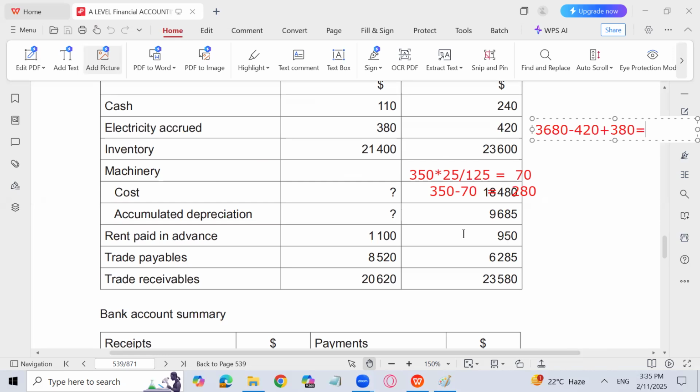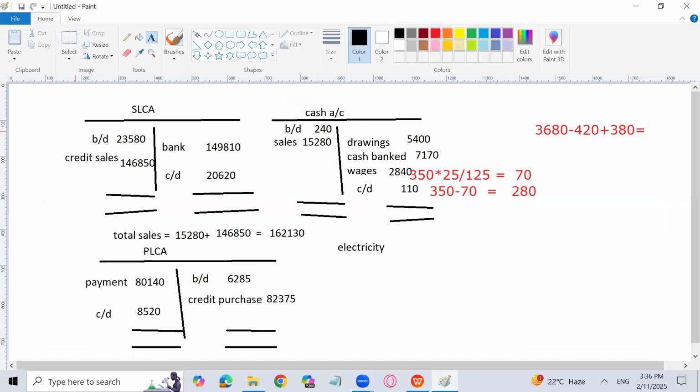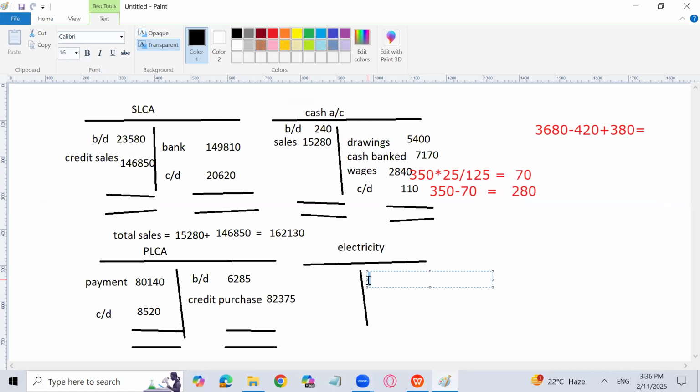If you have some kind of confusion in this, I'll prepare the account. That's not a big deal. What was the account? Electricity. In that format, you don't need to memorize it actually. You just need to keep the format in your mind: accrued brought down will come over here, that is 420.